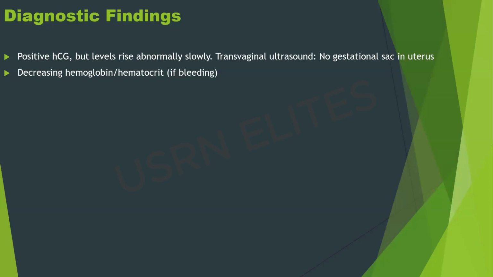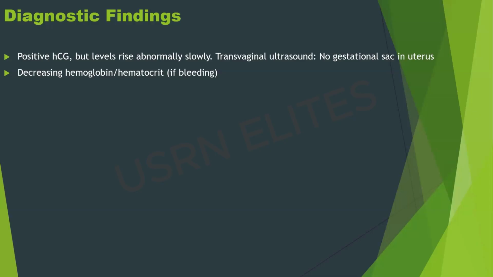And if bleeding is occurring, the patient will obviously experience a decrease in hemoglobin as well as hematocrit, which would be an indication of bleeding. So once the patient is bleeding, please check for hemoglobin. A decrease in hemoglobin as well as hematocrit.